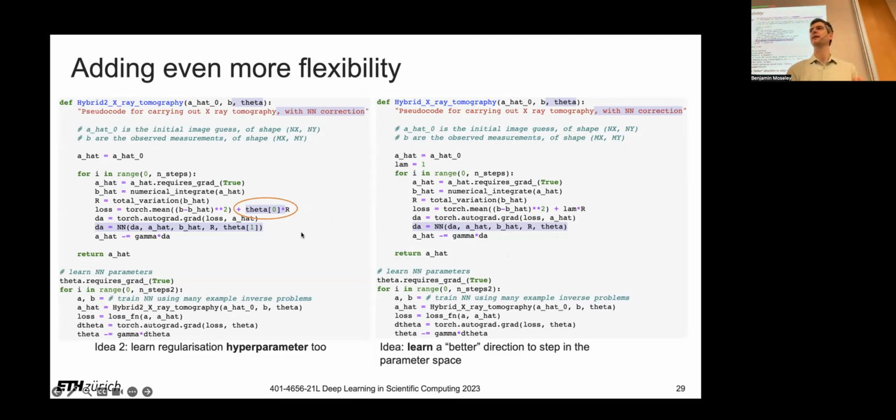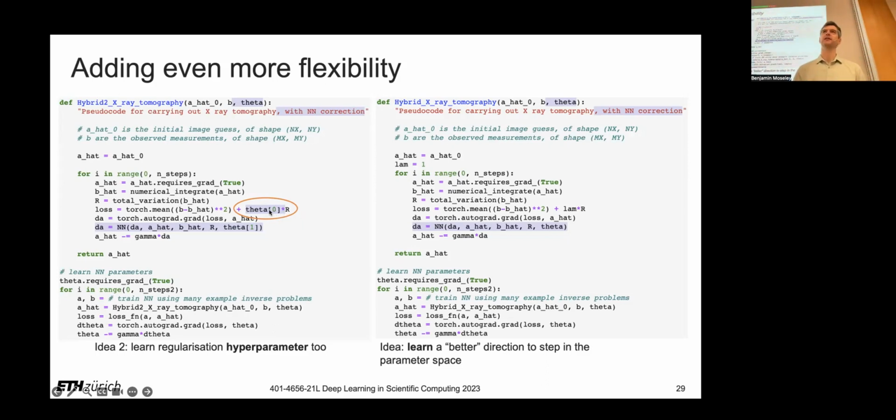It depends on the problem, what we want to penalize in the outputs of the inverse algorithm. In particular, we had this total variation regularizer, and we had to multiply it by a hyperparameter lambda to balance the two terms in the loss function. This is the observational data term, and this is the regularizing term.